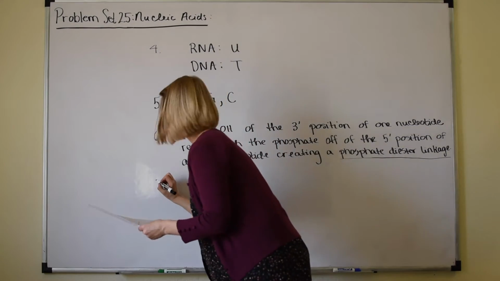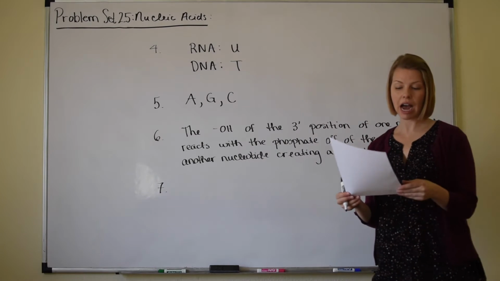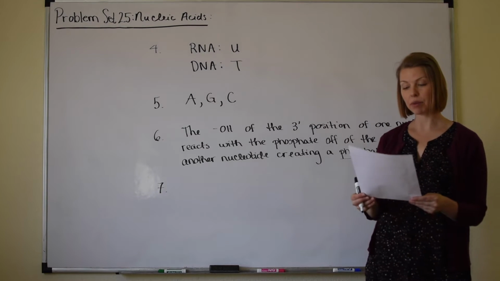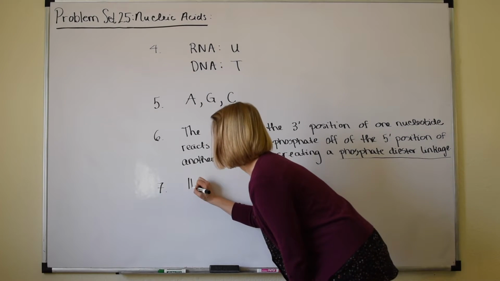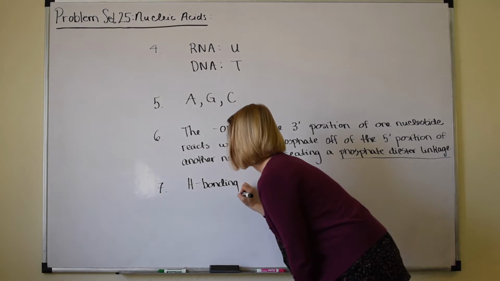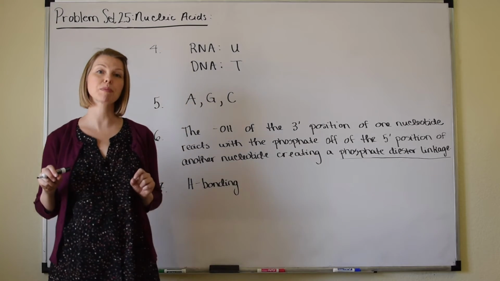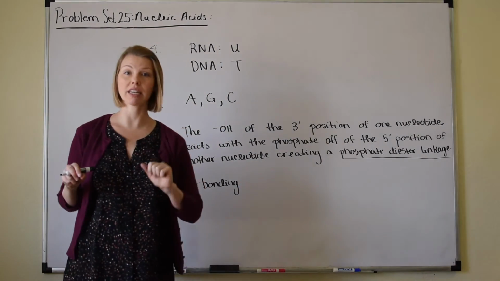All right, number 7. What kind of intermolecular forces of attraction hold the DNA double helix together? Remember that that is hydrogen bonding. Specifically, the hydrogen bonding occurs between adenine and thymine and cytosine and guanine.